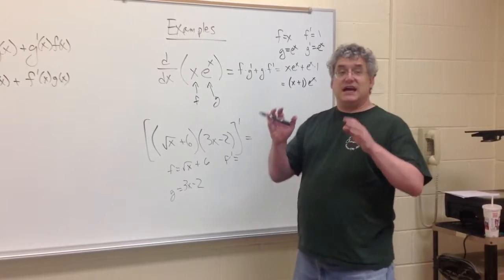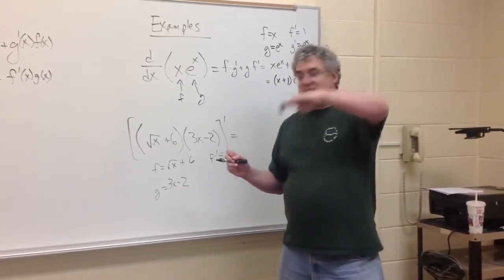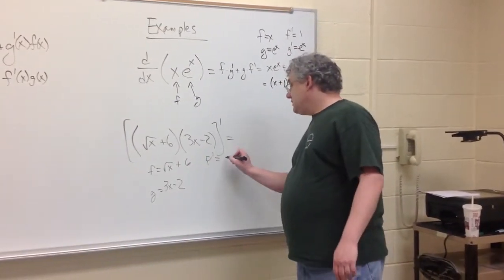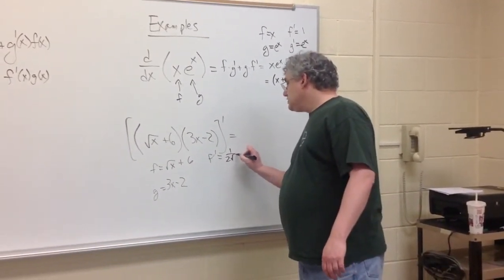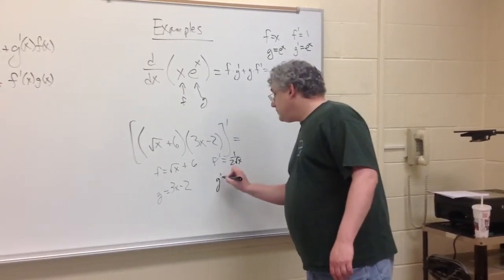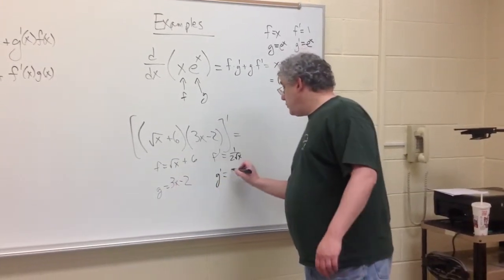You can think of the 6 as a line with a 0 slope, just at the height 6. So its derivative is 0. Square root of x, we've done that one before. That's 1 over 2 square root of x. There are other ways to write it, but that's true. g prime, that's a line. The derivative of the line is the slope.